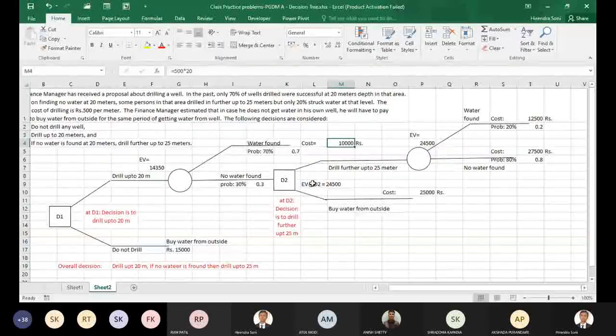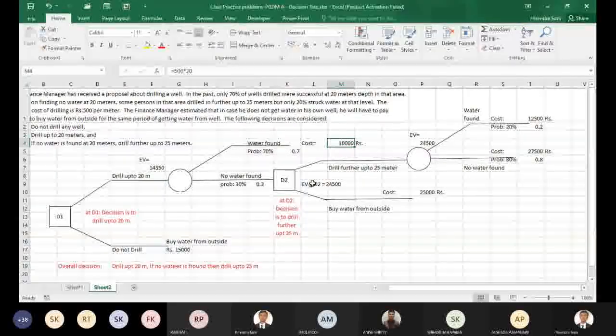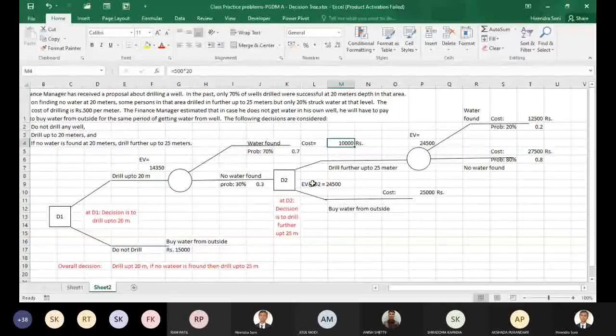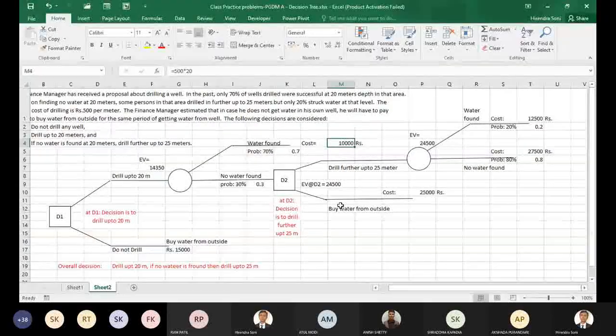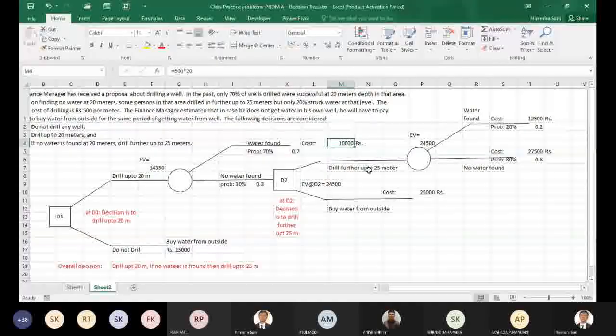Yes, you are audible. So at this second decision point, your decision is either to drill further up to 25 meters or you buy water from outside. Okay, so when you are deciding to drill further up to 25 meters, only two things can happen. One, either I find water or I don't find water.